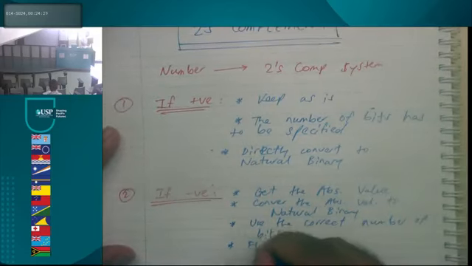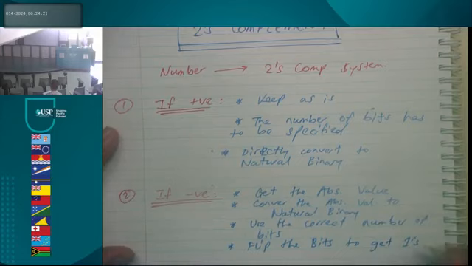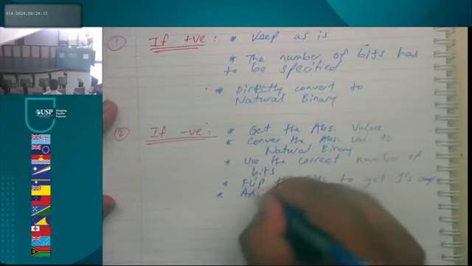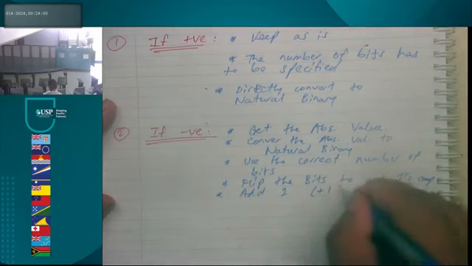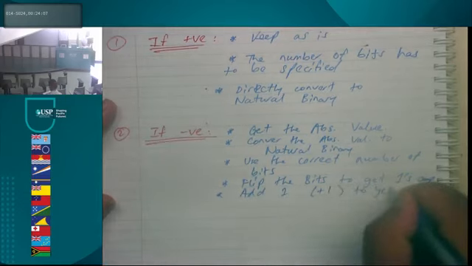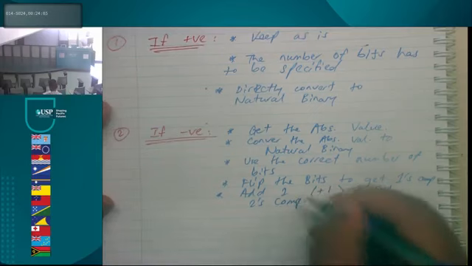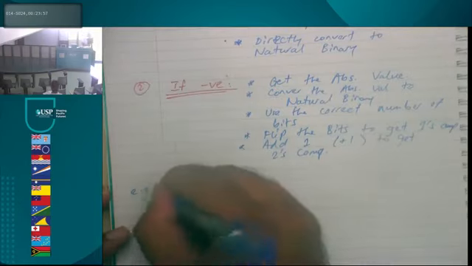Now flip the bits to get 1's complement. And the last one, add 1 to get 2's complement. That's a bit of notes. I probably didn't need to write it down; maybe better off just giving you an example.